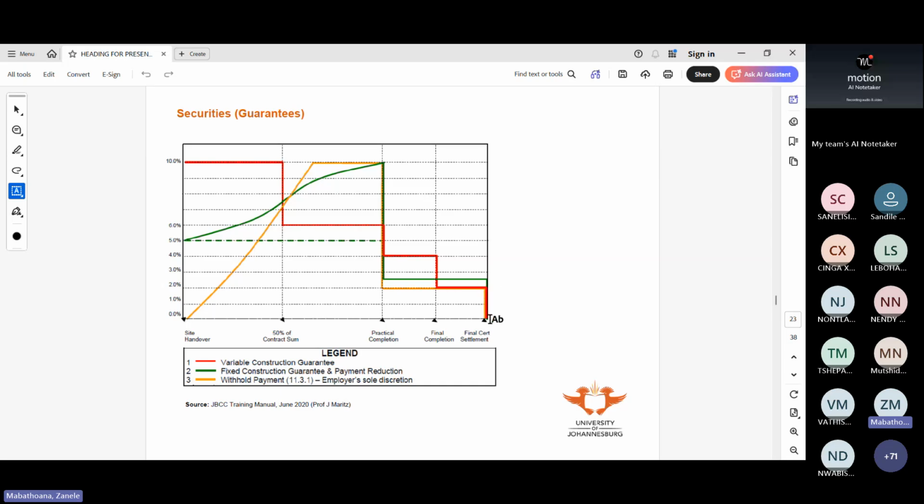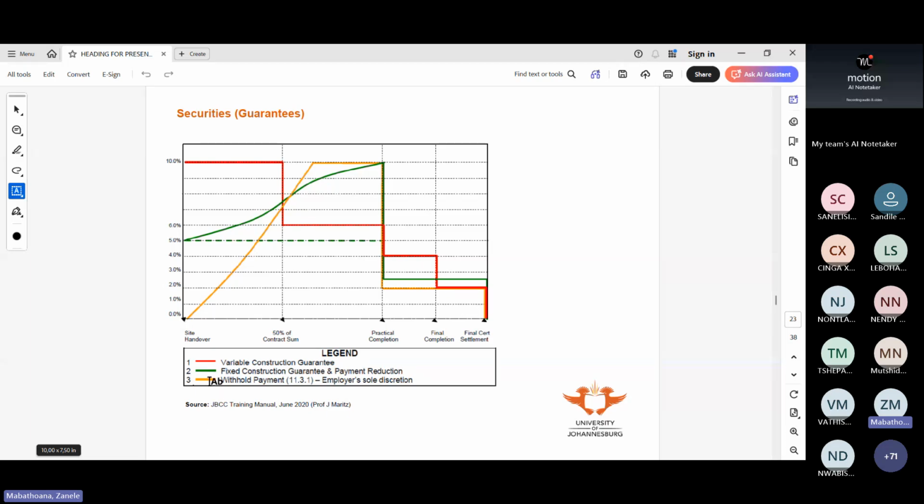At final account, you release. So then your retention, not retention, but your guarantee is 0 at this point. And this is when you move on to that latent defects liability period, the 5 years.